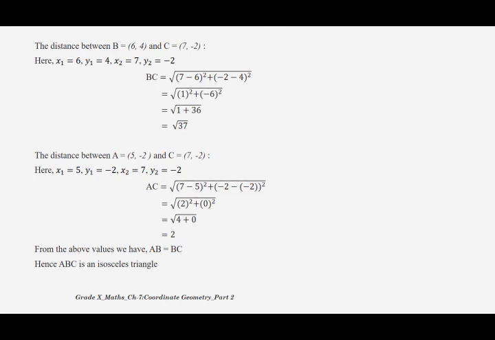I know that we have got two sides to be equal, but still we have to solve for the third side also. So we find the distance between A and C. Solving, we get AC to be 2 units. So it is clear that two sides are equal, AB and BC. Therefore, triangle ABC is an isosceles triangle.